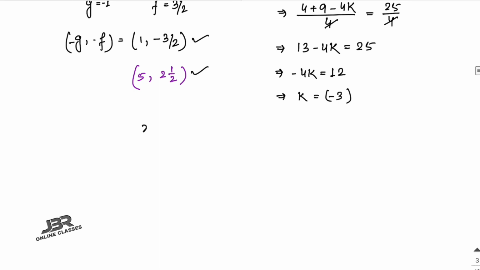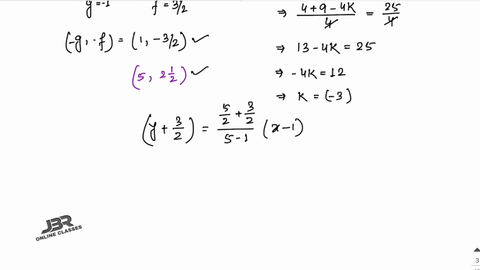Suppose here write down the formula y minus y1. So y minus y1 becomes 3 by 2 plus, then the slope equals y2 minus y1, so 5 by 2 plus 3 by 2, over 5 minus 1, then x minus 1.